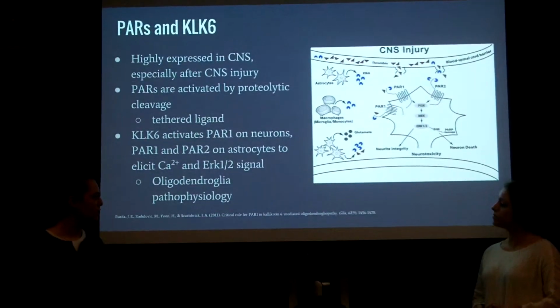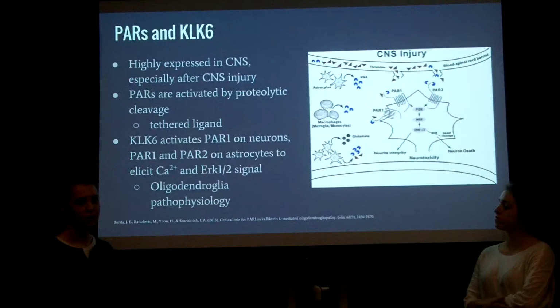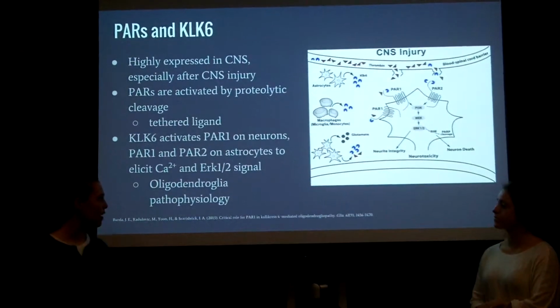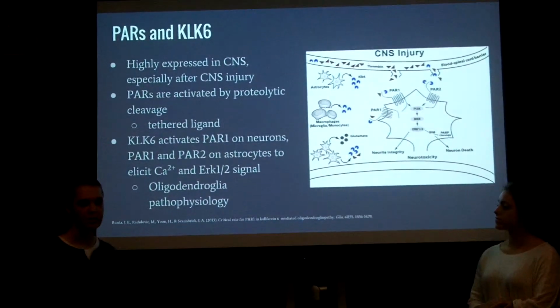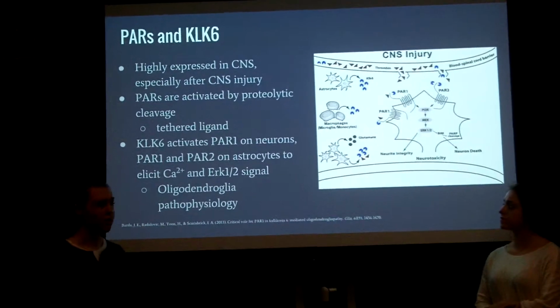So what it does is it reduces the differentiation of the oligodendrocytes, and it also breaks down their processes, and again it makes it harder for the neurons to synapse.